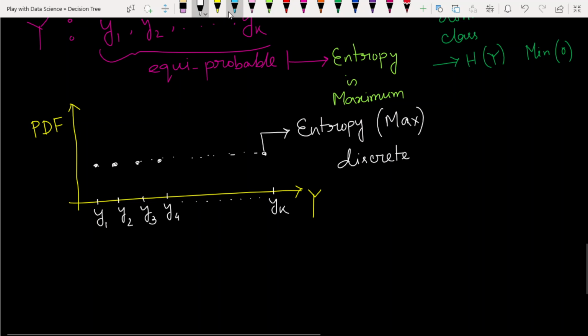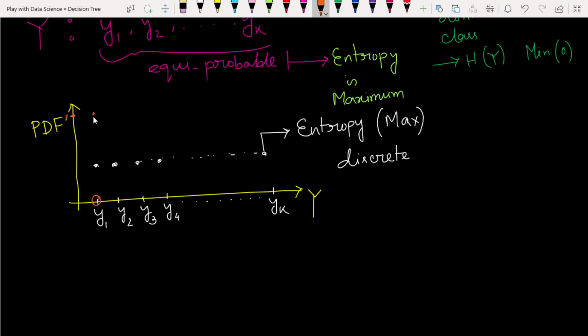But if we give more preference to one class and neglect the others, suppose we give more preference only to y1, then its corresponding probability will be 1.